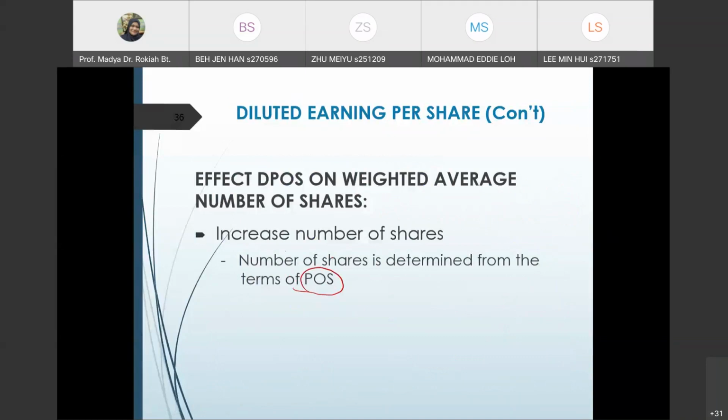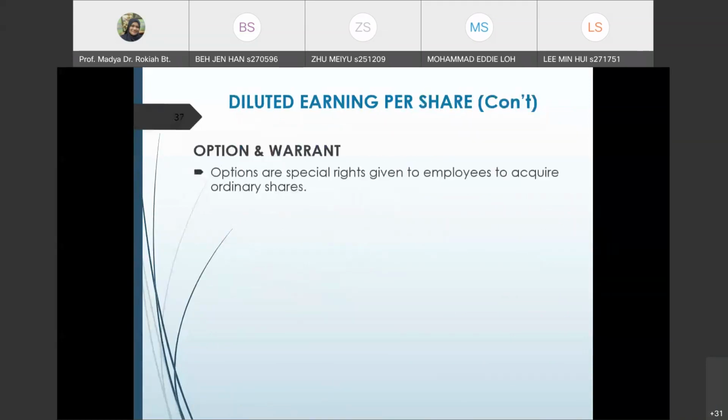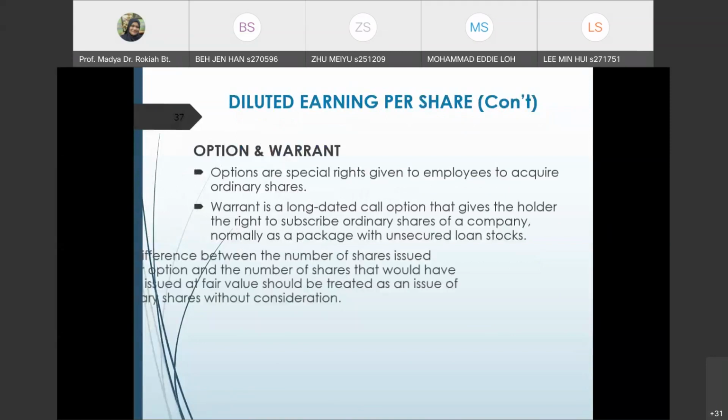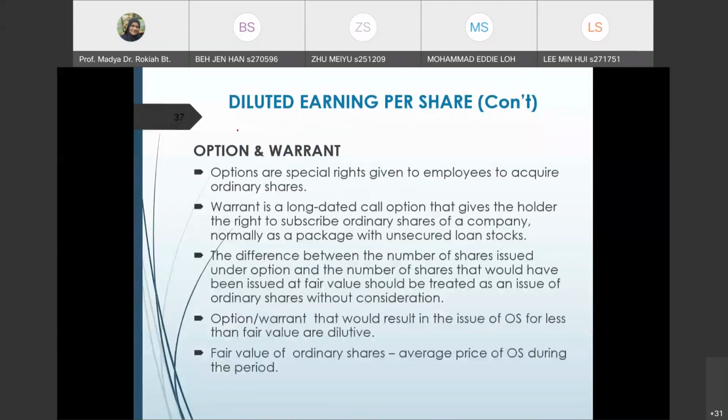Okay, and then we try to look at options and warrants. Options here are rights given to employees to acquire ordinary shares. Okay, this is options given to existing employees. They're going to have a special right to acquire ordinary shares.